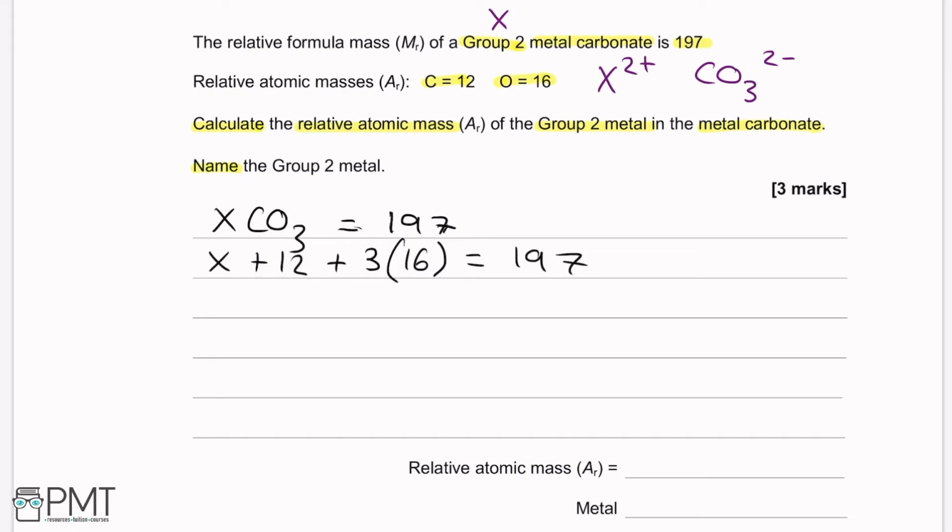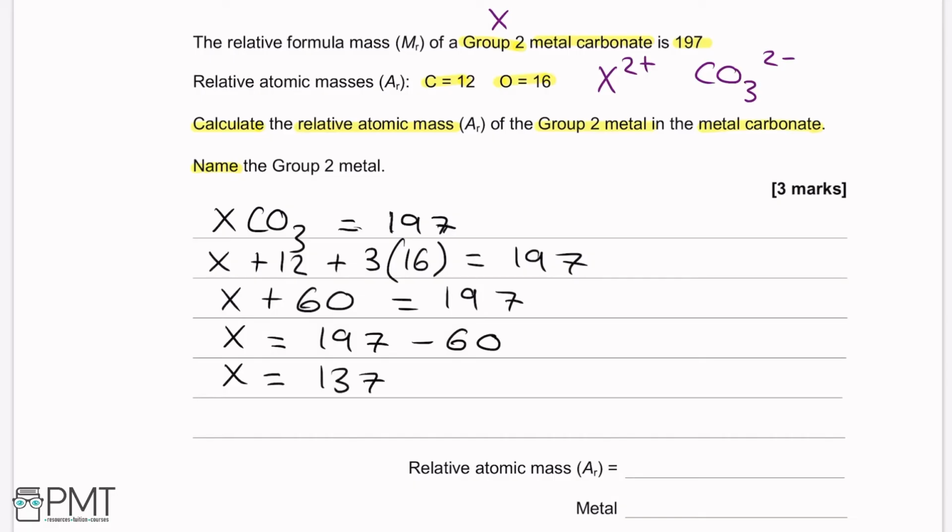Now, if you use your calculator to figure out what 12 plus 3 lots of 16 is, you should find that to be 60. So X plus 60 equals 197. Therefore, X is 197 take away 60. So X is 137. So that is the relative atomic mass of the group 2 metal.